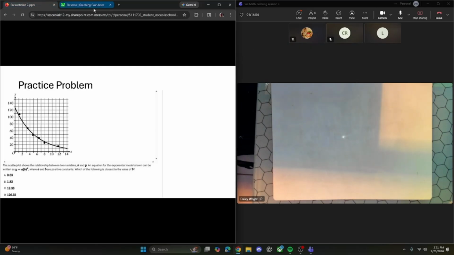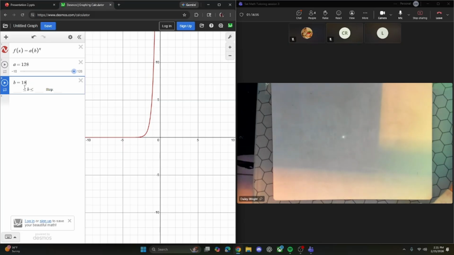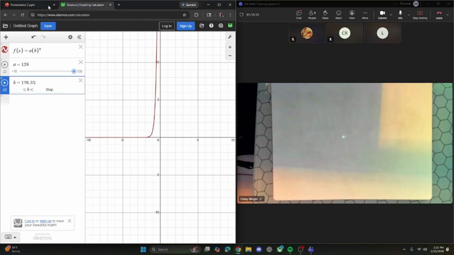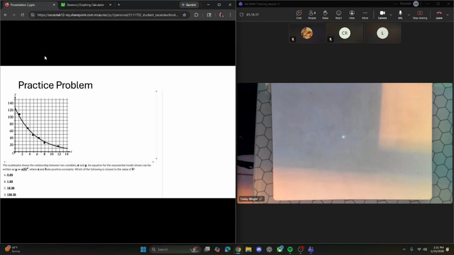And then 126.35. We automatically know it is A because if it is anything above 1, it's going to exponentially grow, and we can see the graph exponentially declines. So that's how you know it's A. But you can always plug into Desmos if you need any confirmation.